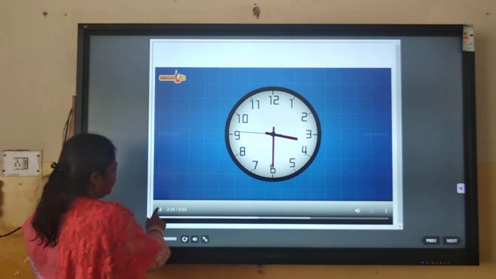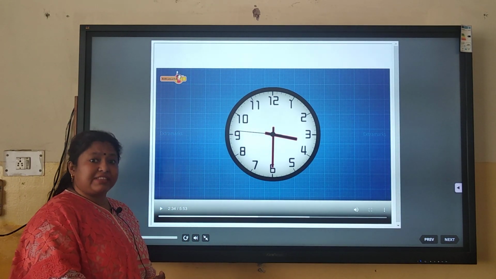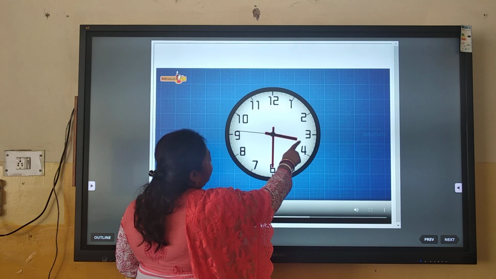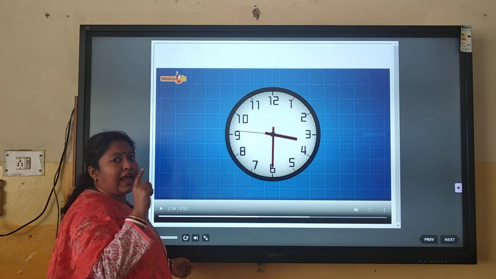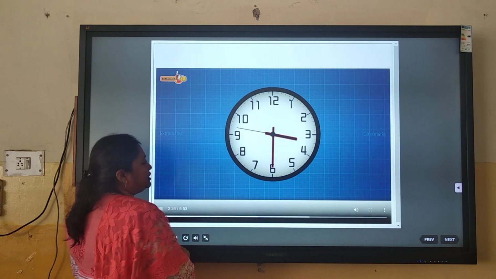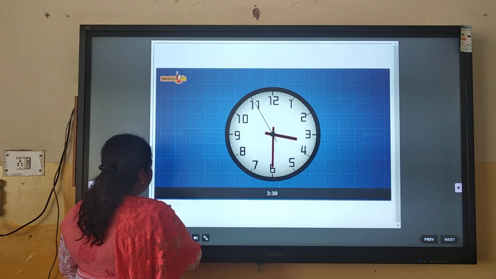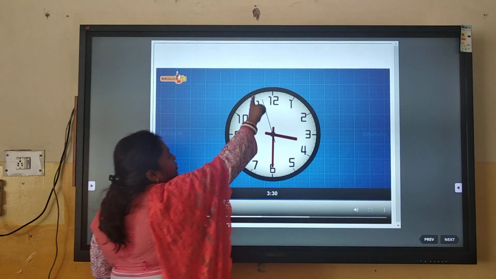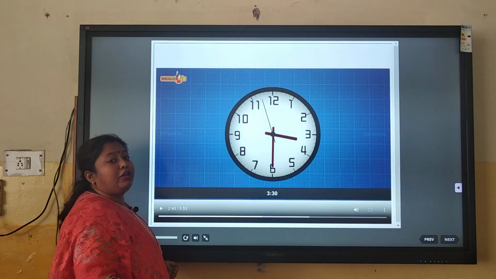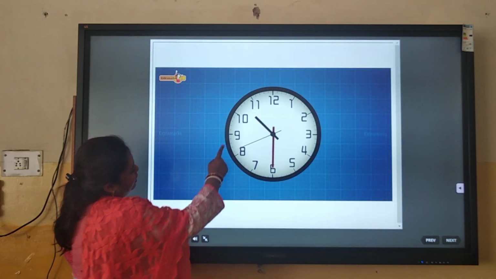Here you can see children that the minute hand is now pointing towards 6 and the hour hand is between 3 and 4. So this timing is 3:30 children, because the minute hand has covered half of the face of the clock. We also call it half past 3.